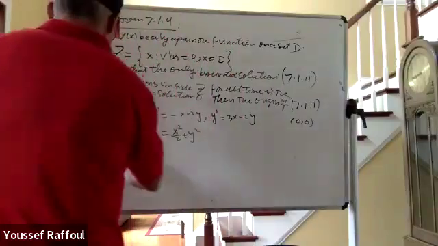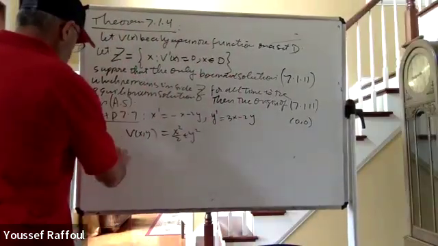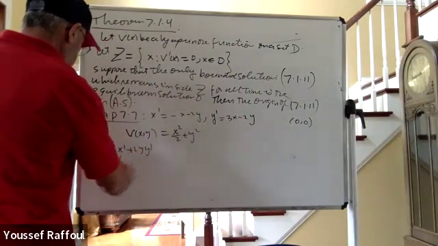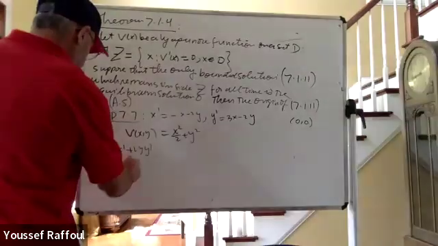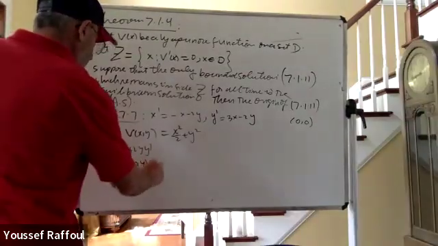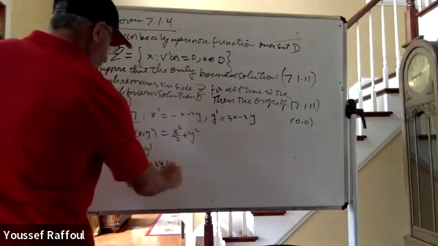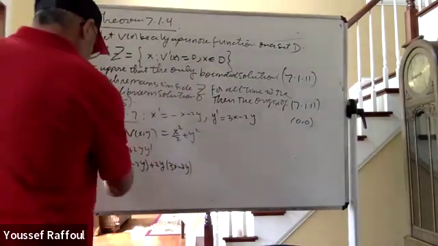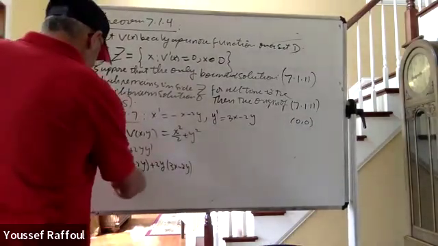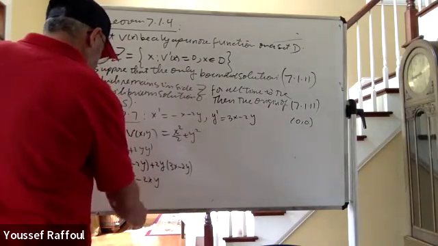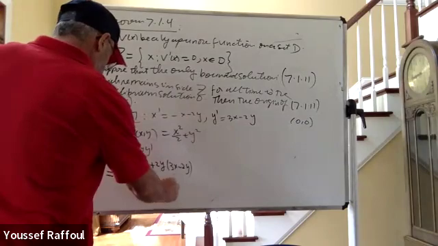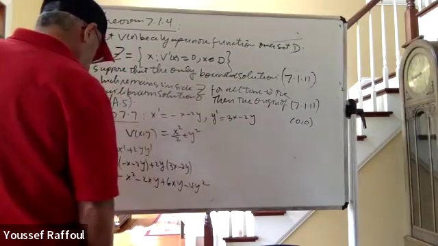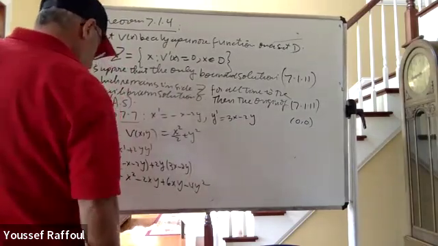All right. So V prime is x prime plus 2y prime, x times (minus x minus 2y) plus 2y times (3x minus 2y), and that is minus x squared minus 2xy plus 6xy minus 4y squared.